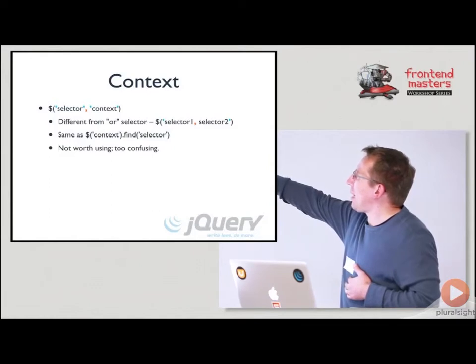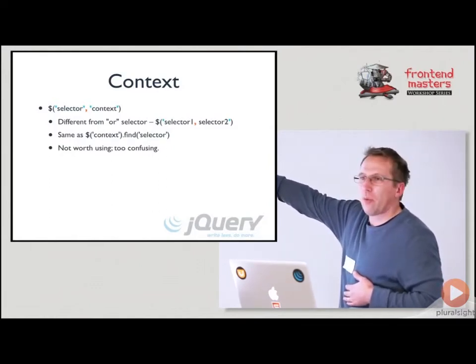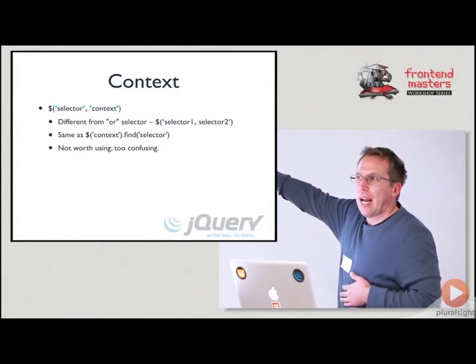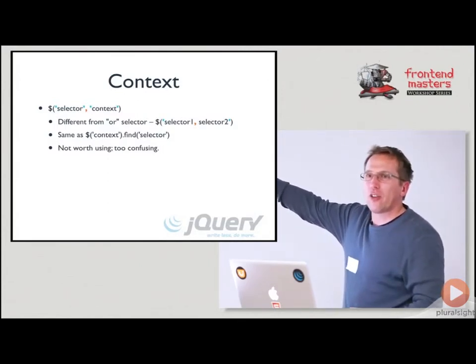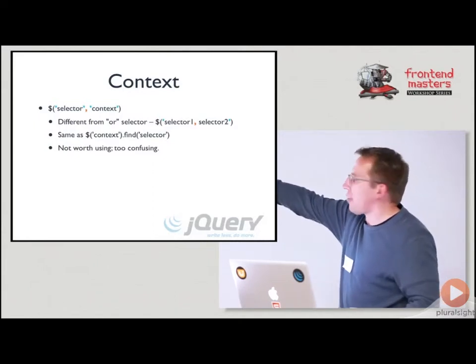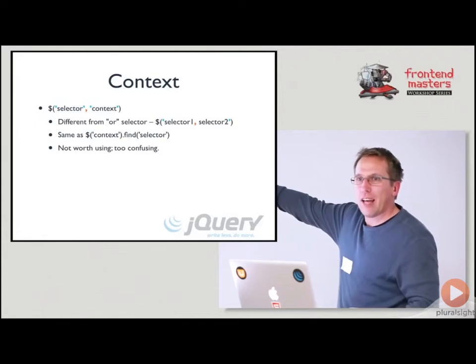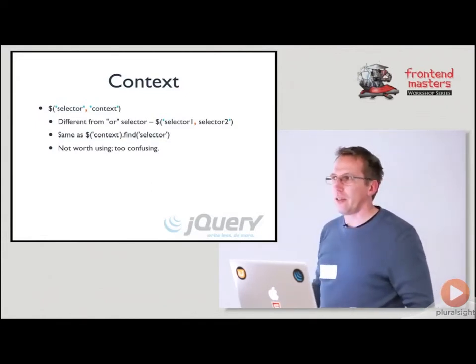It's the same thing as starting with the second one and saying .find the first one. As a matter of fact, that's what jQuery does internally: it converts it into that other syntax and runs it that way. So it's just extra work for jQuery to do.